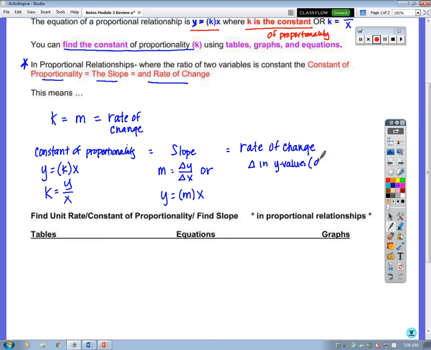The dependent variable, over the change in x values, which is our independent variable.